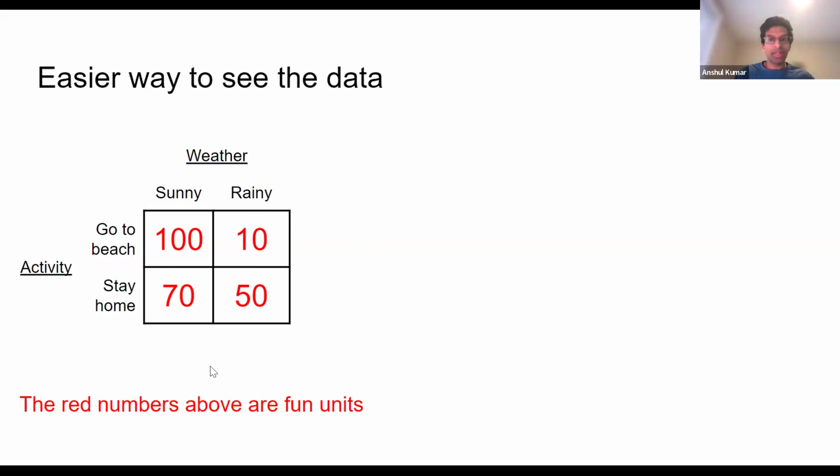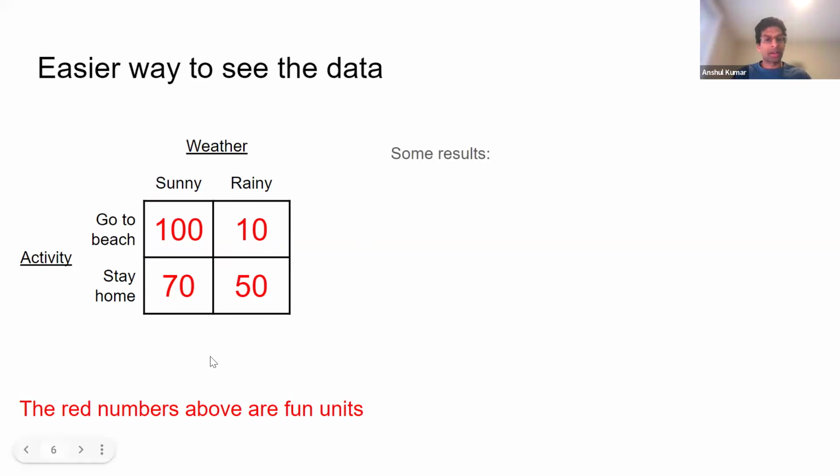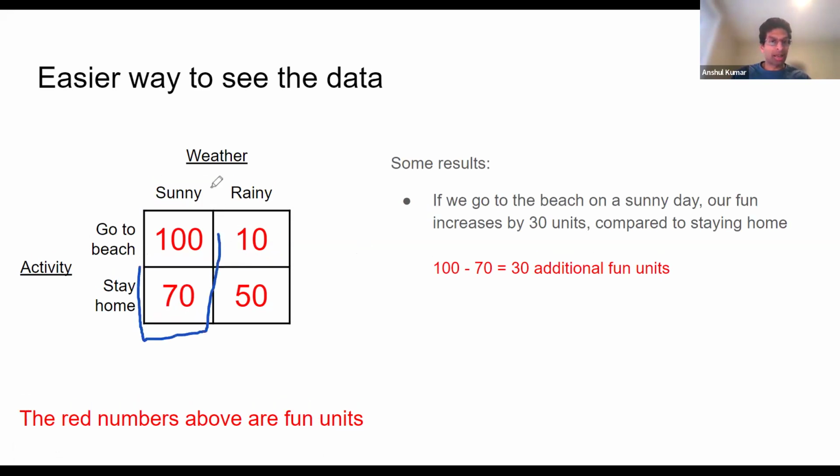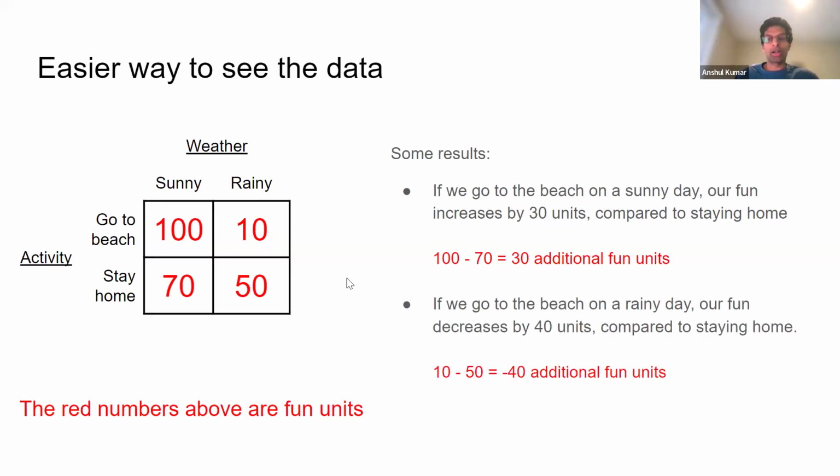So what we can see here is we can start to formulate some results. As I mentioned before, if we just look at what happens on a sunny day alone, then we would be looking inside of this box that I'm drawing in blue. That box tells us that if on a sunny day we go to the beach, our fun increases by 30 fun units. But now, let's say we go to the beach on a rainy day instead.